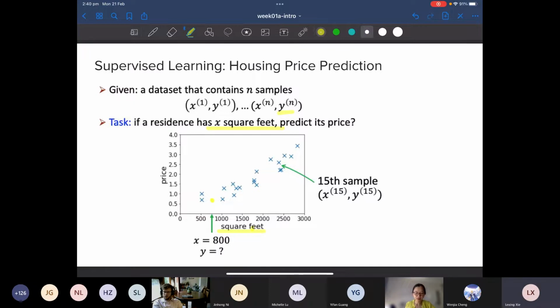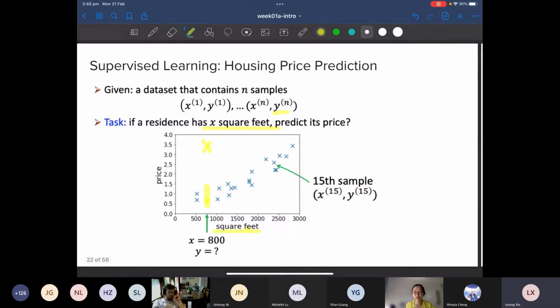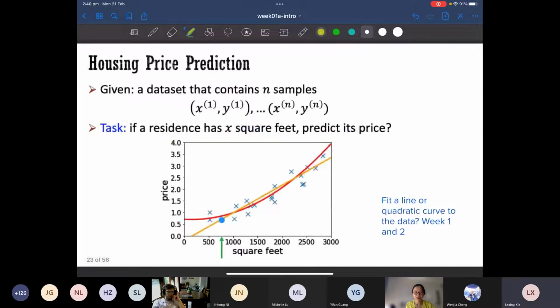Just by eyeballing, we can probably guess the price range will be in this neighborhood, but not here, which is kind of obvious. And the question is then, how do you mathematically express it?